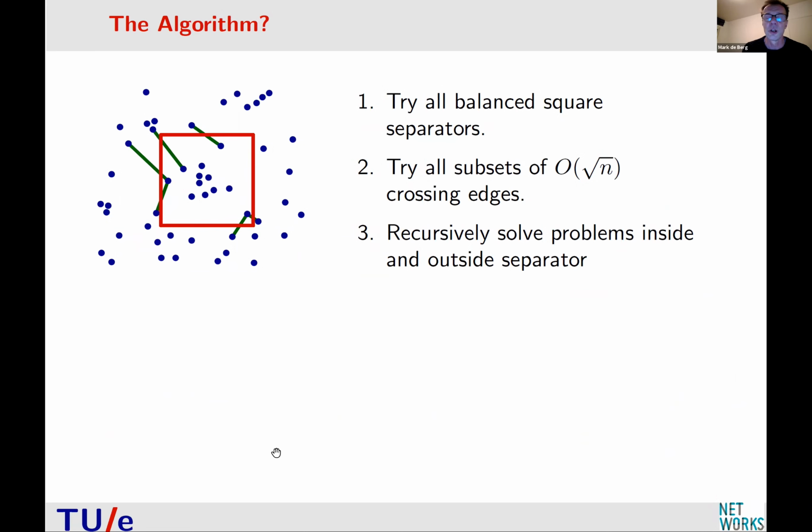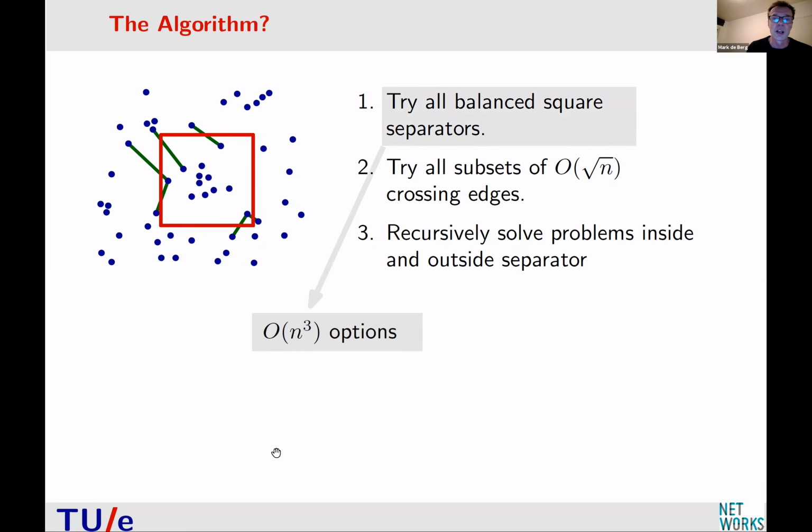Well, first of all, I only know the existence of the separator. And if I knew the solution, then I have my low density set of edges and I can compute the separator, but I don't know the solution. So I'm simply going to try all possible separators and hope that they're good separators.